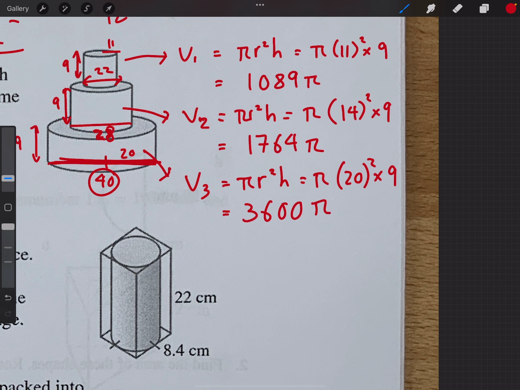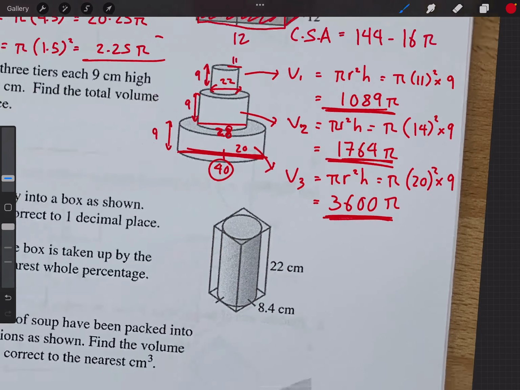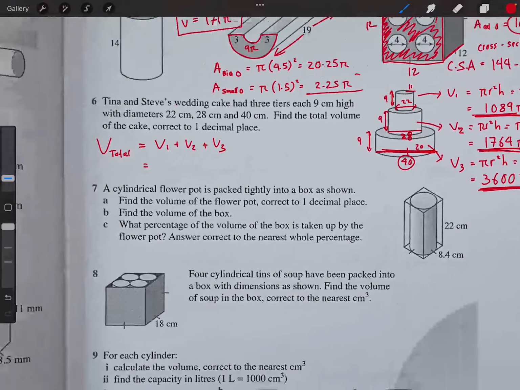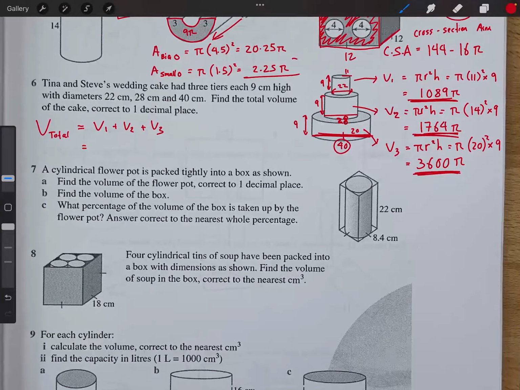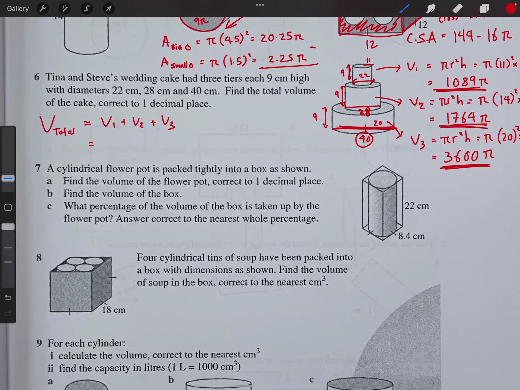Now just remember, everything is still in terms of pi. I haven't multiplied the pi in yet because I want to give an exact answer first. So if we want to add all this together, we add V1, which is 1089 pi, plus V2, which is 1764 pi, plus V3, which is 3600 pi.